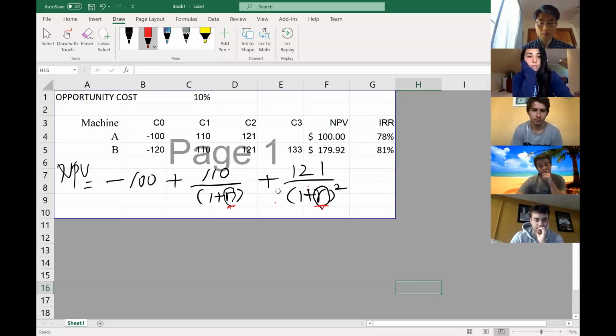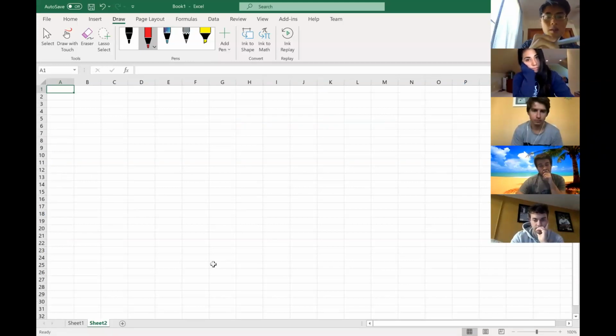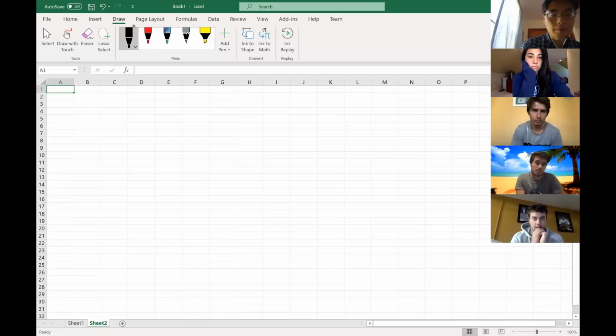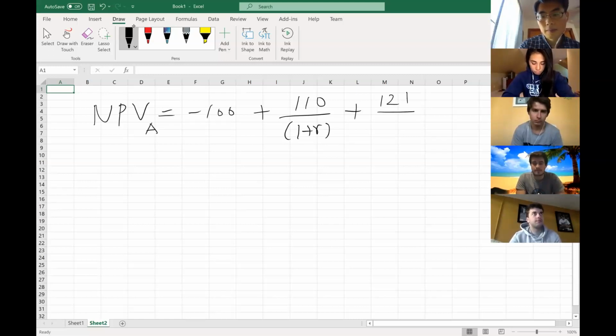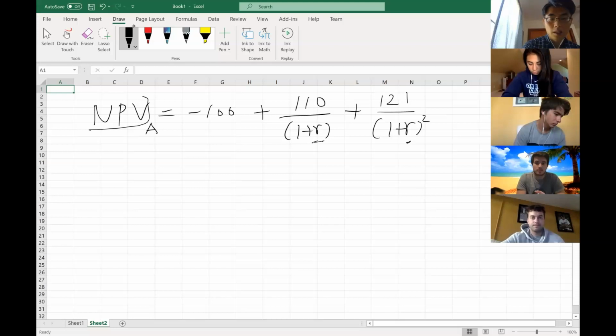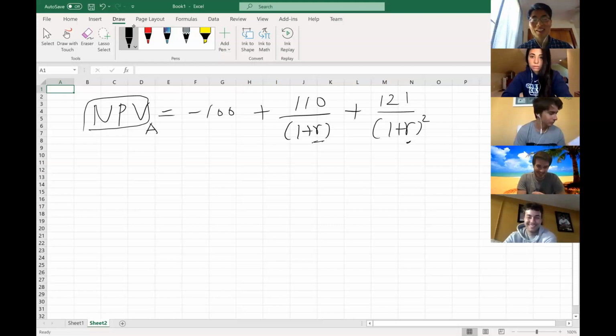So going back to this one. Okay. So again, let me write that equation again. So NPV of the machine A was, so when you look at the relationship between R and the NPV, right, any increase in R, any increase in discount rate will not really affect the initial cost, right?